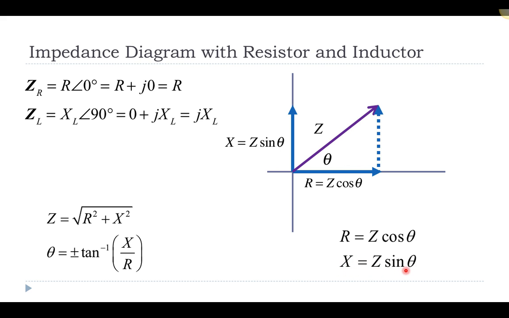So everything we learned about complex numbers and writing things in terms of polar form and rectangular form is going to tell us a lot about the impedance. By using the rectangular form, we can figure out the resistive piece and the reactive piece, and then knowing those pieces, we can figure out the total impedance, which is going to allow us to figure out how the current in that circuit relates to the voltage that's applied across the circuit.